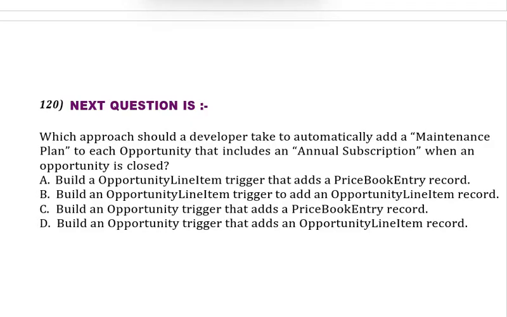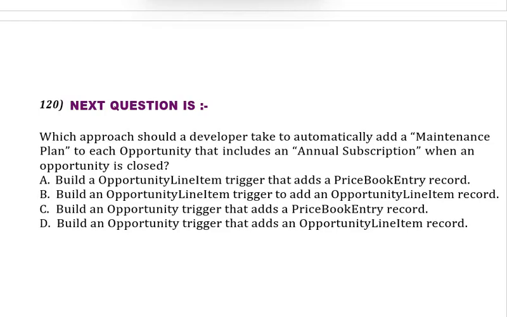Question is which approach should a developer take to automatically add a maintenance plan to each opportunity that includes an annual subscription when an opportunity is closed? Option A, build an opportunity line item trigger that adds a price book entry record.